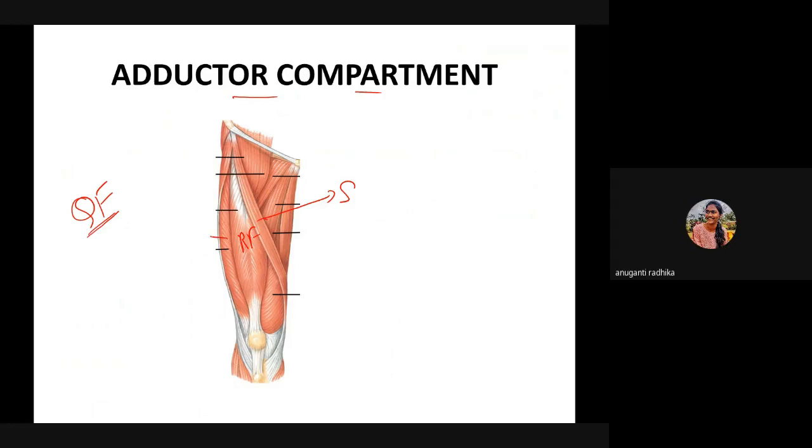What is this? Vastus medialis. Lateral, vastus lateralis. Vastus intermedius. Excellent. See here, this is medial, vastus medialis; lateral, vastus lateralis. If I cut this rectus femoris, I will get vastus intermedius. This is sartorius. Iliacus and psoas major is here. So that was about the muscles of the extensor compartment.